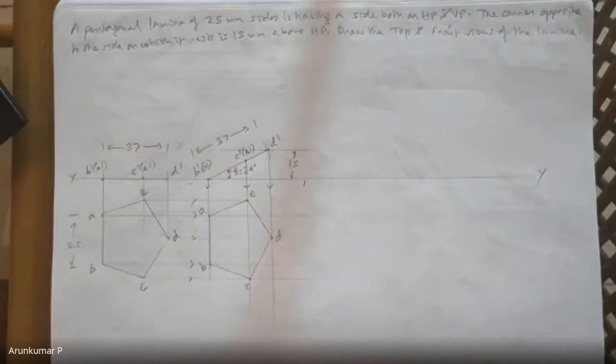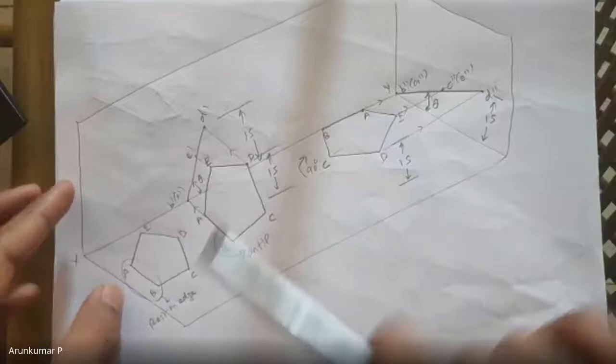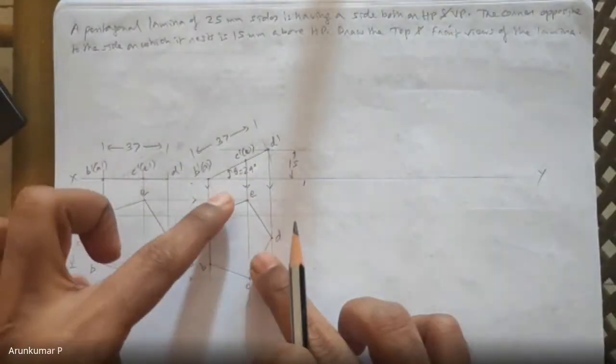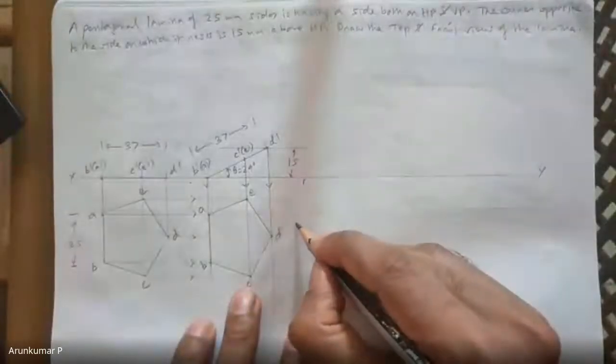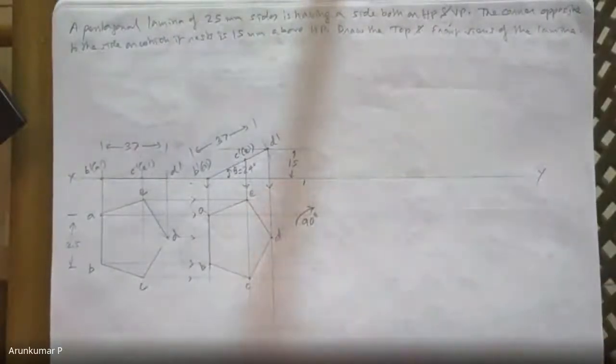So first two. Last step, you have to place AB on XY line. Simple. So you rotate it in the clockwise direction. So that is a change here. Clockwise direction by 90 degrees so that A is on the right, B is on the left, and AB is on XY line.